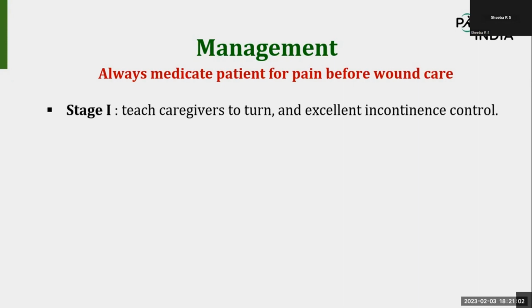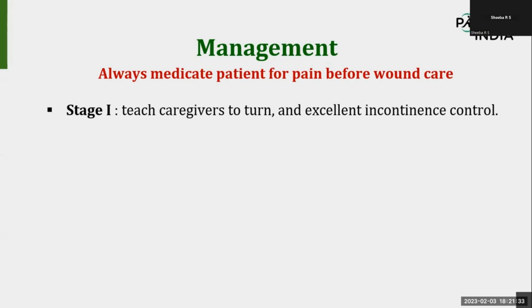So for stage 1, if you have seen a stage 1 pressure ulcer, you can teach the caregivers to turn the patient. If they have a stage 1 pressure ulcer on the sacral area, what we tell the caregiver is to give a right lateral or left lateral position, not a supine position.